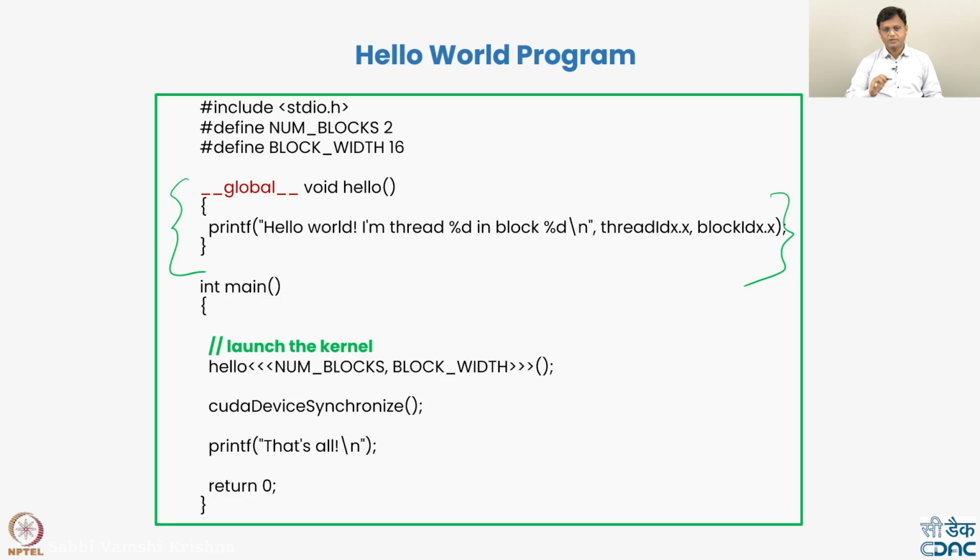This is printing hello world, but what I want is to print which thread is printing this hello world and which block this thread belongs to. Both pieces of information I want to print.